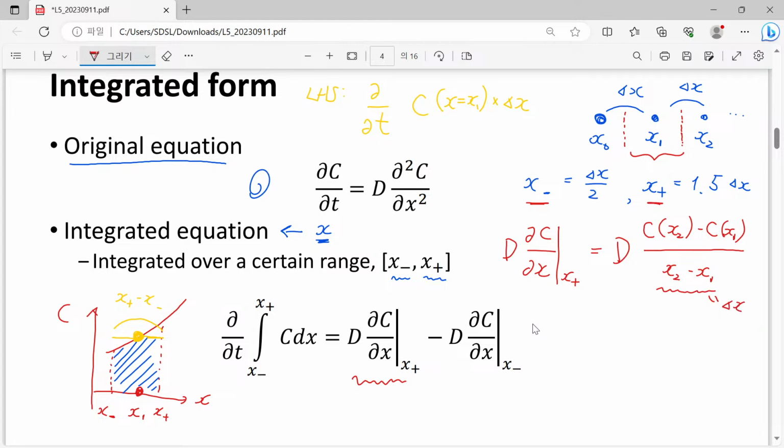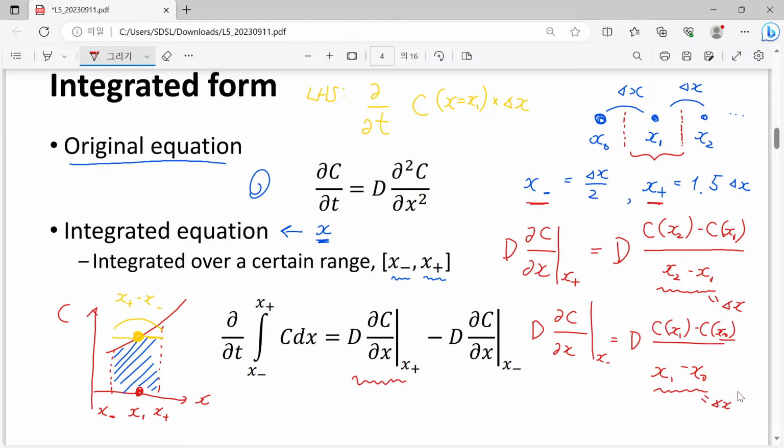Then let me do the second term, d times round c over round x evaluated at x minus, which can also be written as c evaluated at x1 minus c evaluated at x naught, divided by x1 minus x naught. And as you can see, this difference between x1 and x0 is still taken as delta x.